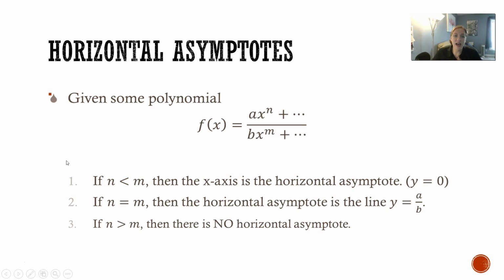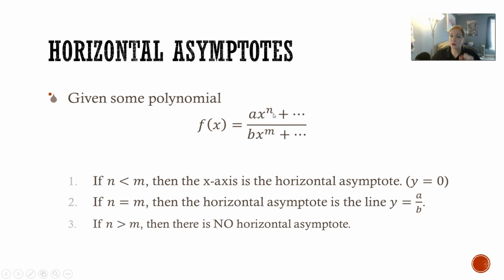Now, if the exponent on the top is less than the exponent on the bottom, so maybe this is x to the first power and this is x squared, then the x-axis is the horizontal asymptote. So your horizontal asymptote is just going to be y equals 0. We did an example of that in the domain and range video where we talked about 1 over x. The x-axis is your horizontal asymptote. So it's approaching 0, in other words.